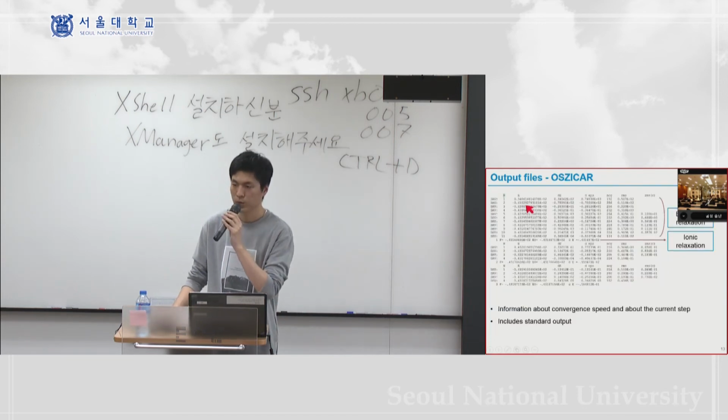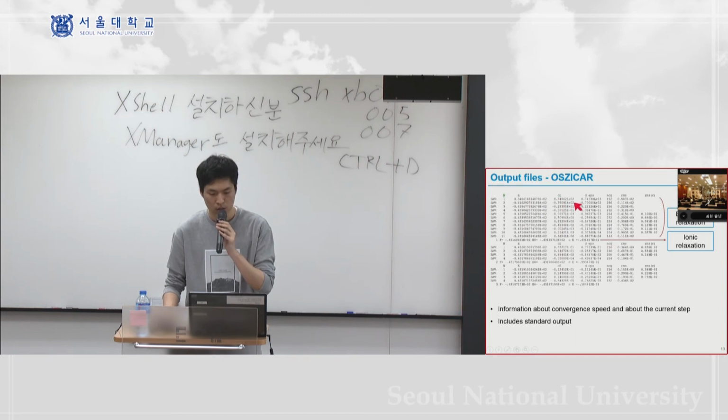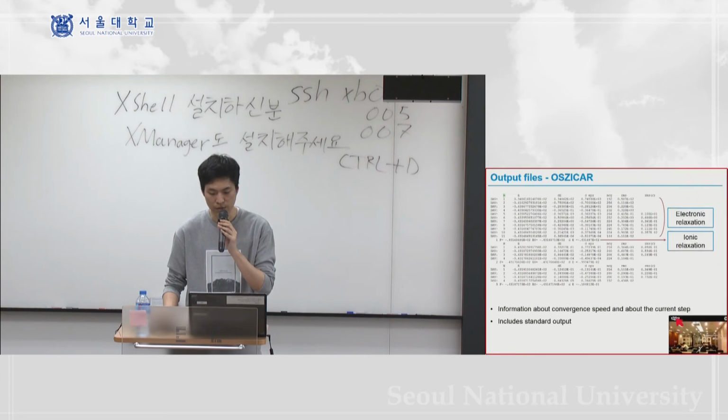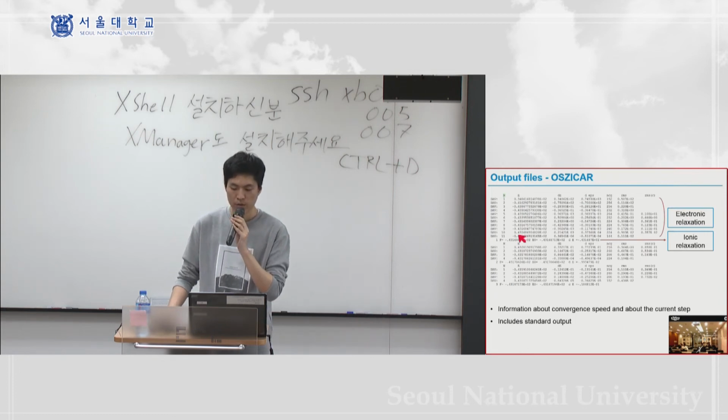And there is also a file called OSZICAR. So this file shows the electronic and ionic relaxation information. So here, we can see that at the first ionic relaxation, we went through 11 electronic relaxations to find the self-consistent wave function.